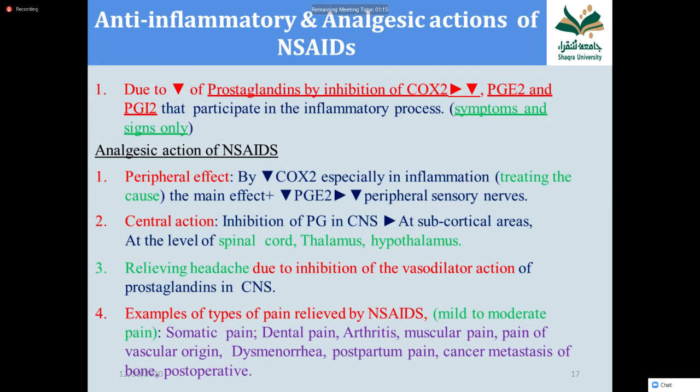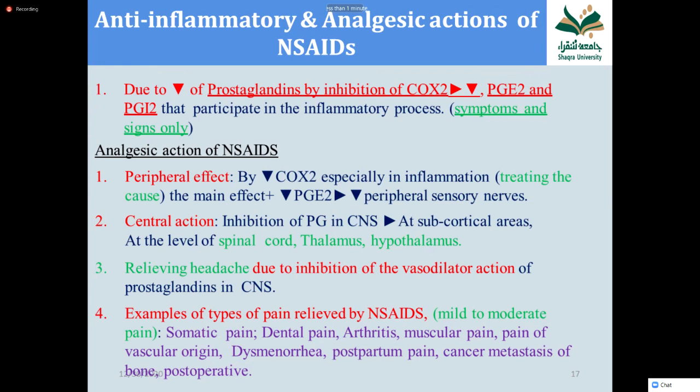Second is the central effect. It inhibits prostaglandin in the CNS at the subcortical area and at the level of the spinal cord, thalamus, and hypothalamus also. It relieves headache due to inhibition of the vasodilatory action of prostaglandin in the CNS.